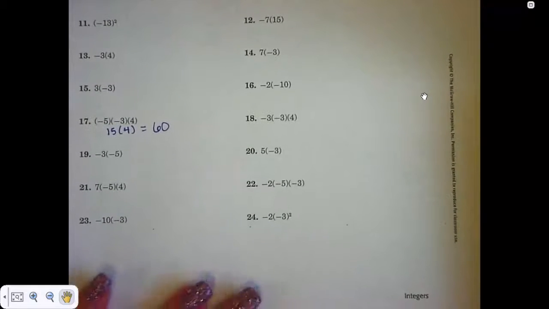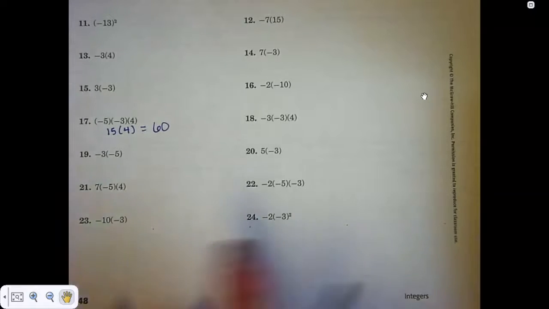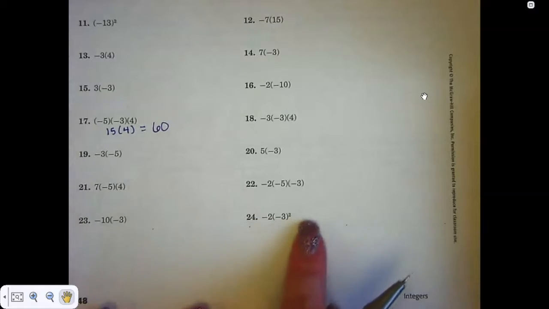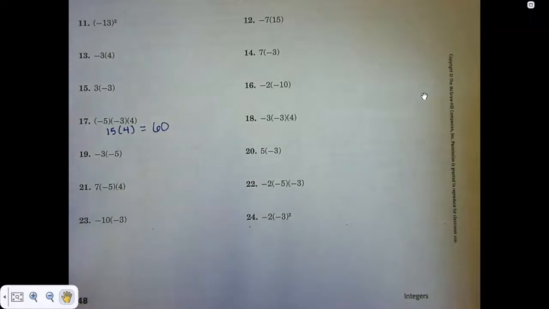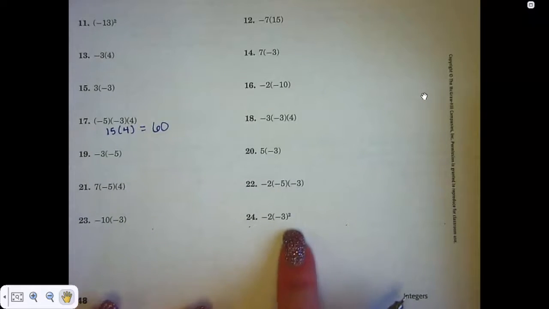And let's do number 24. Negative 2 times negative 3 squared. What do we do first? Do we do the multiplying first or the squaring first? So think back to order of operations, parentheses, exponents, then multiply and divide, right? So we're going to do exponents first.